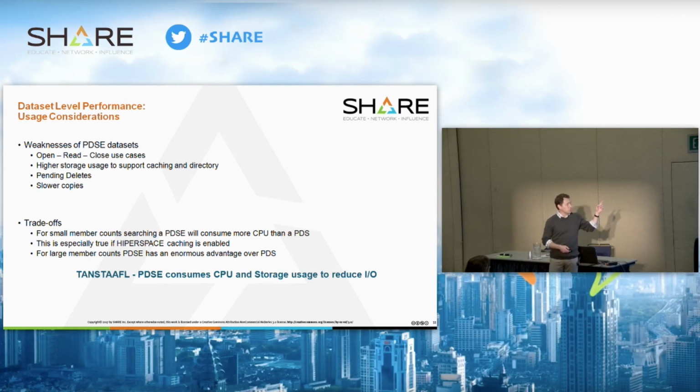We do have to use more storage to support our caching. We have pending deletes, which we'll discuss in a little bit, and copying a PDSE can be slower than an equivalent PDS, especially for logical copy, because we have a more complex index, and reading essentially linearly through that index can take a little longer if we're not doing search.